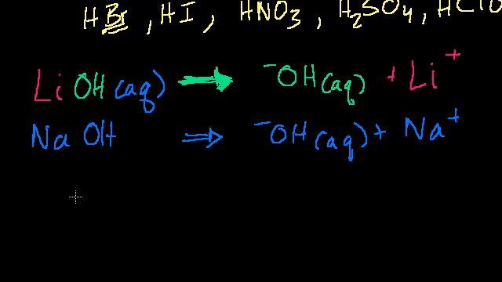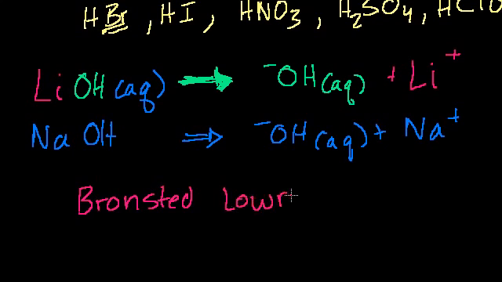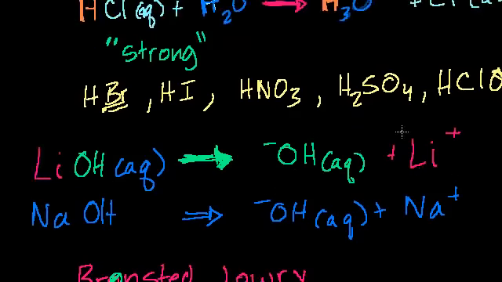I don't know the correct pronunciation, I always say just Bronsted, but if you have good fonts, there's usually this little cross in the o. So I mean Bronsted-Lowry acid. And all of these would also be Bronsted-Lowry acids.